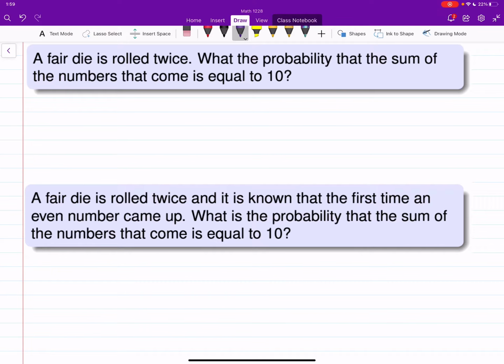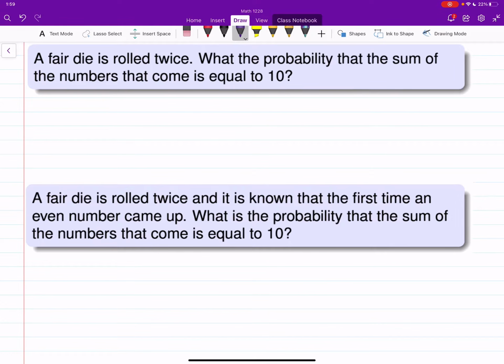If a die is rolled twice, what is the probability that the sum of the numbers that come up is equal to 10? Well, remember that to work with the experiment of rolling a die twice, or rolling two dice, we need to consider an equiprobable sample space.